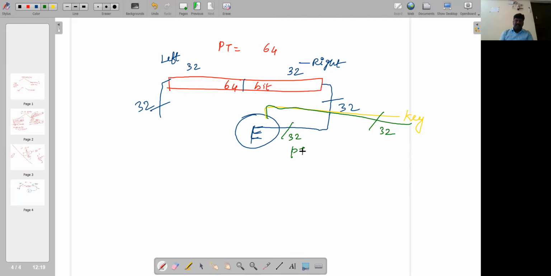Plain text 32-bit, and my key is 32. So 32 plus 32, what will be the output again? What will be the output if my plain text size equals 32 and key size equals 32? It will produce again a 32-bit output. Is it clear?